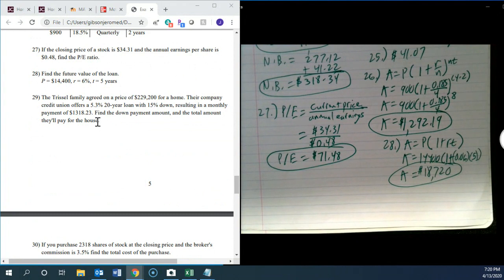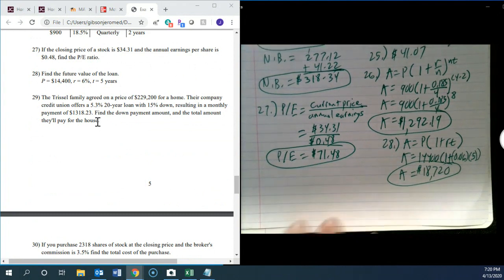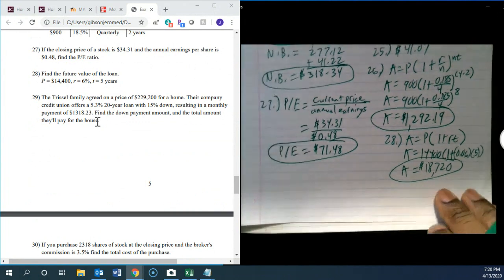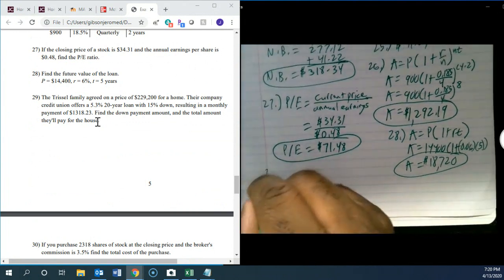Okay, now we come here to 29. It says the Trissel family agreed on a price of $229,200 for a home. Their company credit union offers a 5.3% 20-year loan with 15% down, resulting in a monthly payment of $1,318.23. Find the down payment amount and the total amount they'll pay for the house. Okay, so now, problem 29.